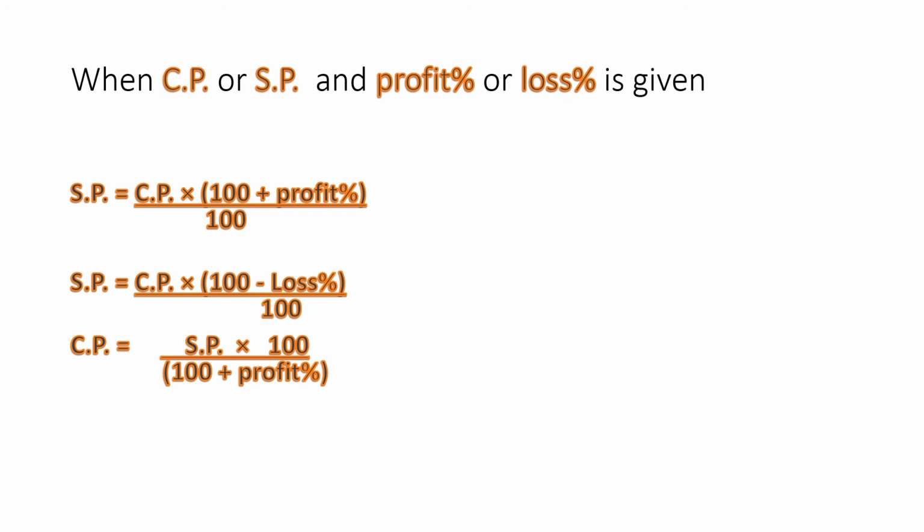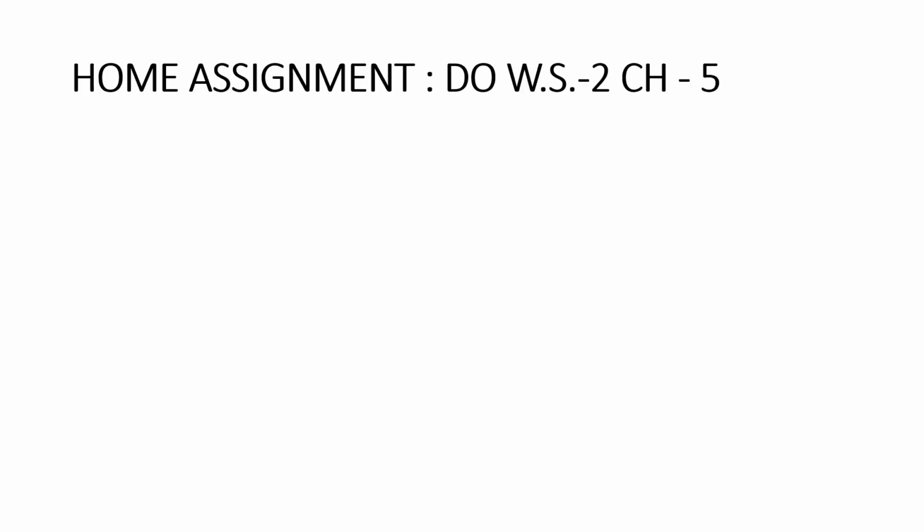And if loss percent is given, dear students, then CP is equal to SP into 100 upon 100 minus loss percent. Please keep all these formulas in your mind for the calculations of the questions which we will discuss in our next e-lecture. So home assignment for today: do worksheet 2, chapter 5, complete.